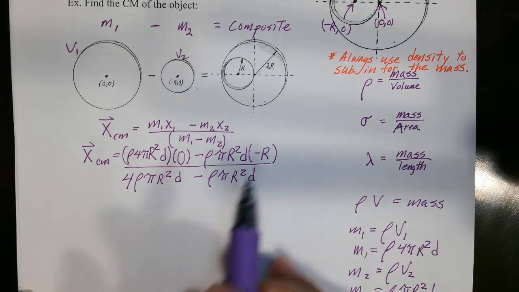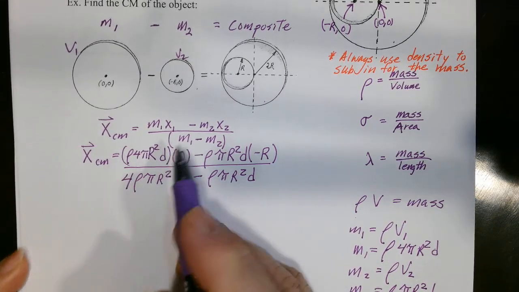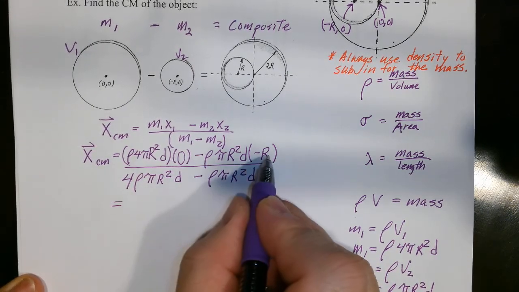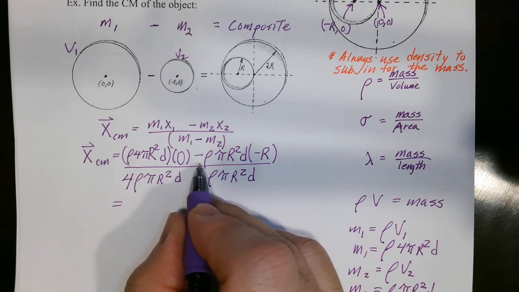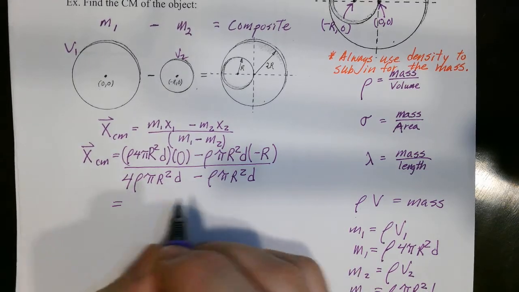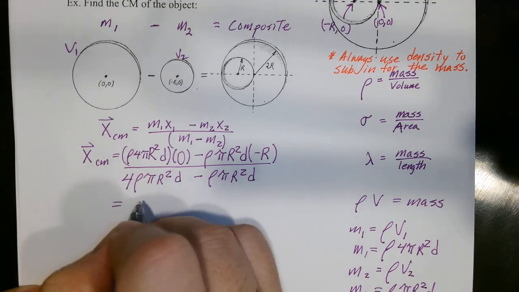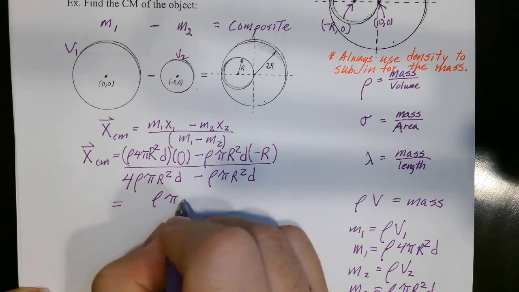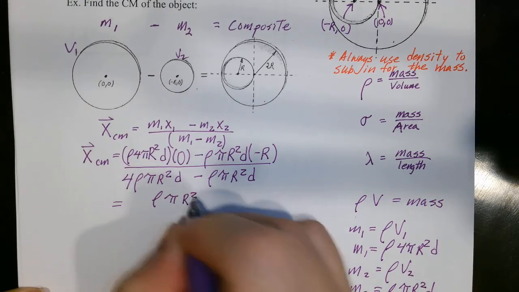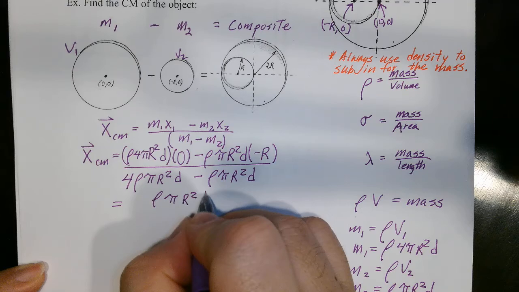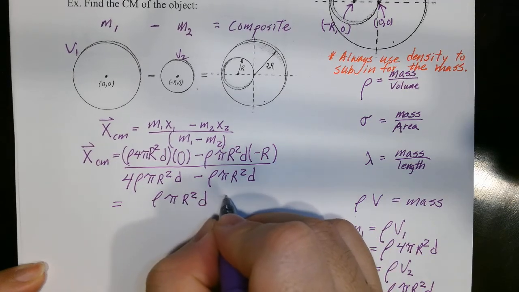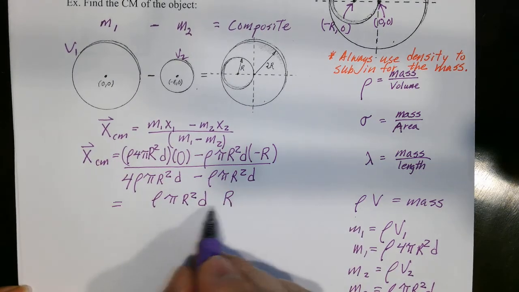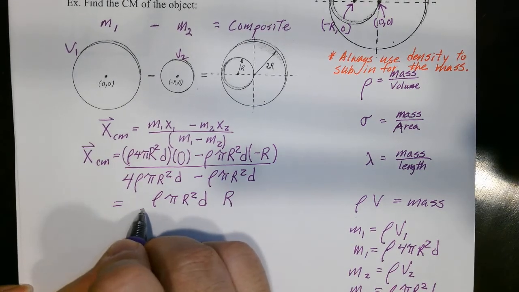Well, this goes to 0, and this becomes plus because we've got negative r and negative here, okay? And we're going to get rho pi r squared d times r. Now, I did not multiply this r through because I'll show you why.